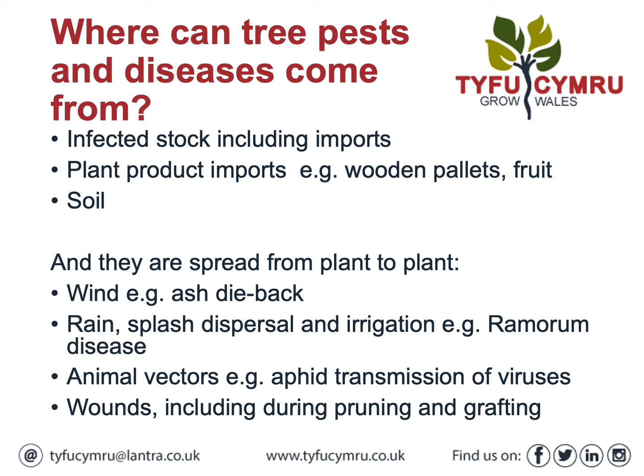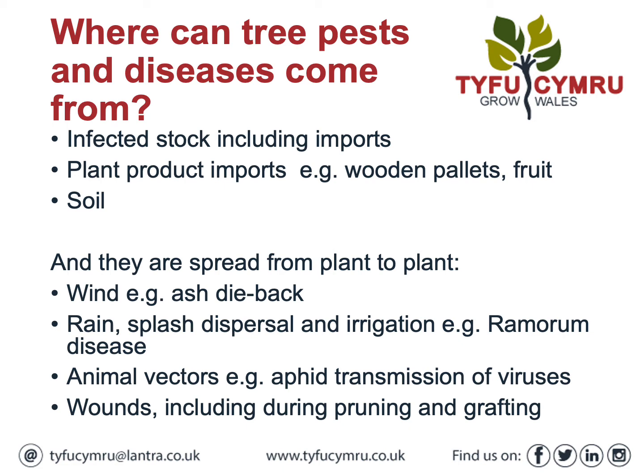So, in understanding the importance of biosecurity, we need to know where tree pests come from, and they might come from infected stock, so plants that already have the disease and from which the disease can spread. And that includes imports. So a lot of the biosecurity measures are related to imports.